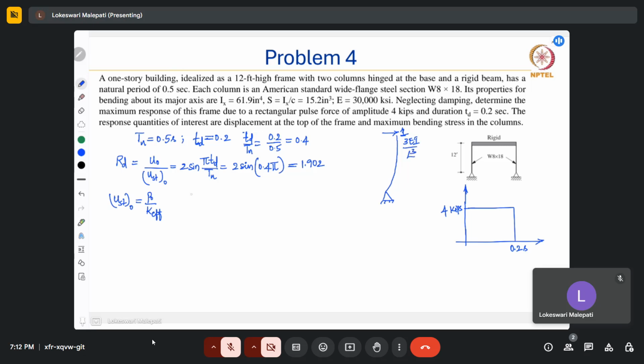So the total K effective would be 6 EI by L cube. So E is given as 30,000 multiplied by I is 61.9 divided by L cube. The length is 12 inches.